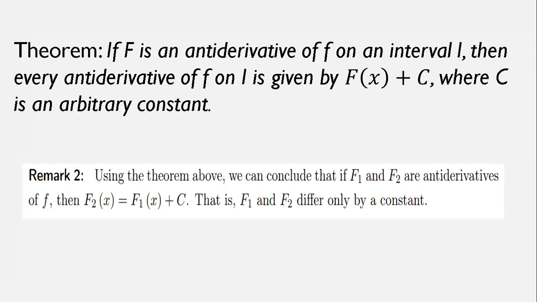There exists a theorem that if capital F is an antiderivative of small f on an interval I, then every antiderivative of f on I is given by F of x plus c, where c is an arbitrary constant.